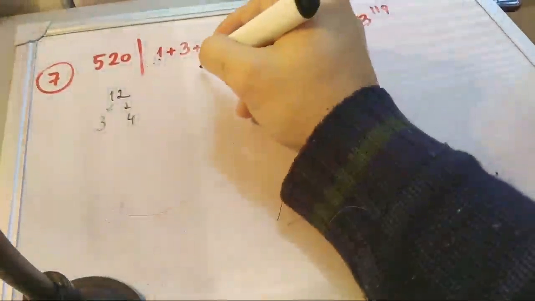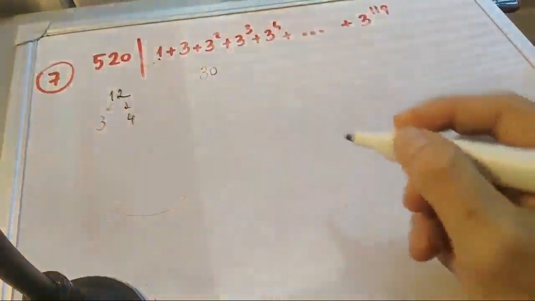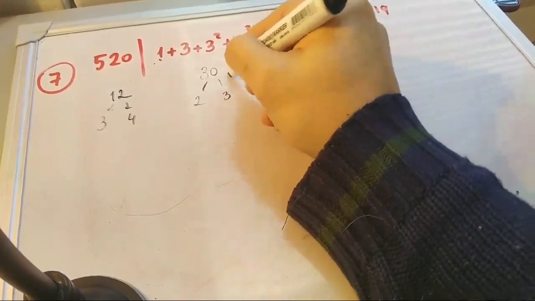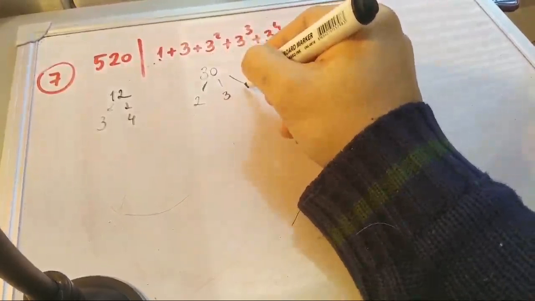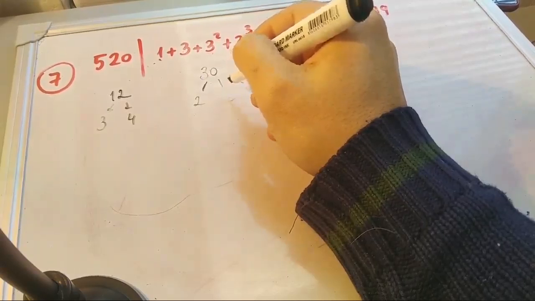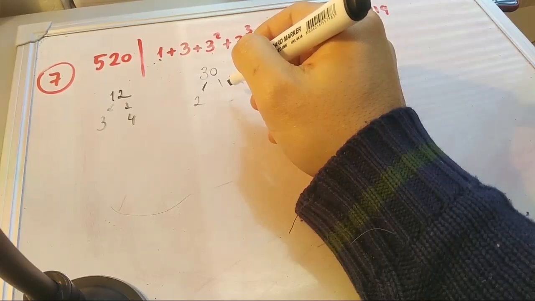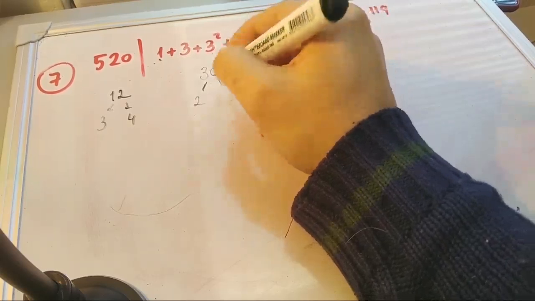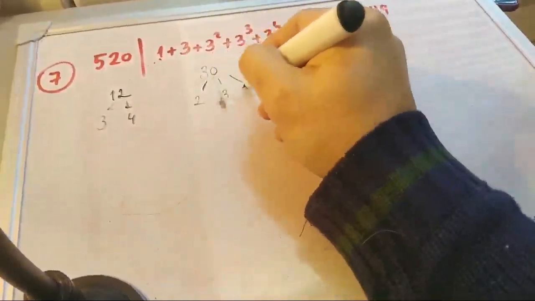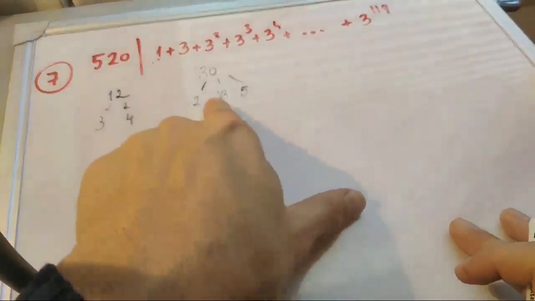Prime factorization of 30: 2, 3, and 5, right?